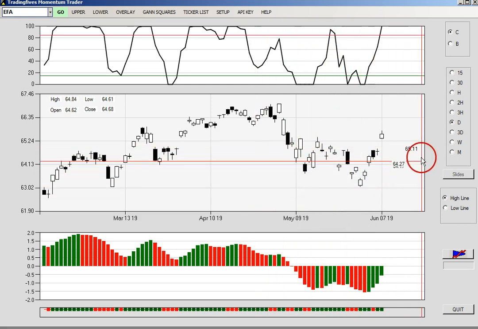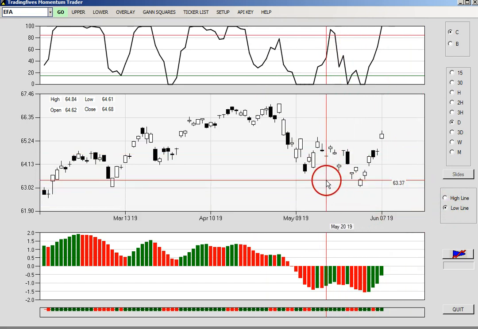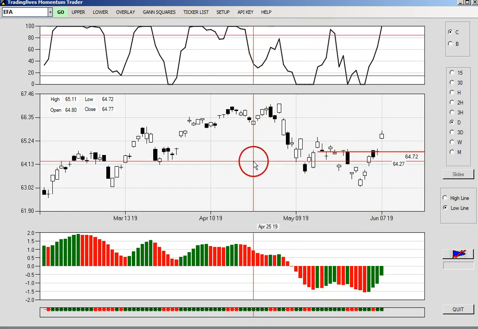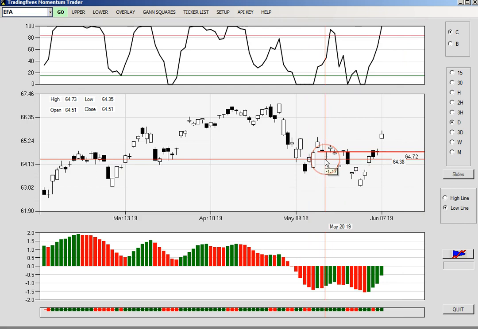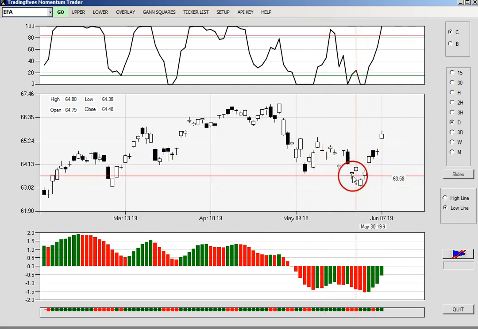Okay, we want to look at the low. It's going to create a possible sell short condition on a print below 64.72 on the next bar. Then we'll move on.